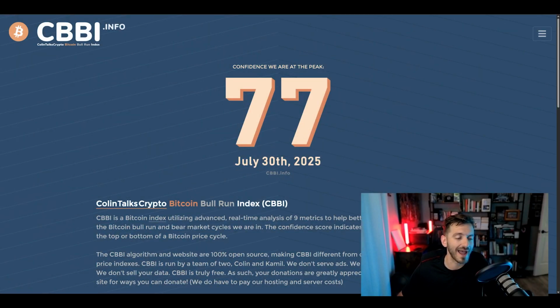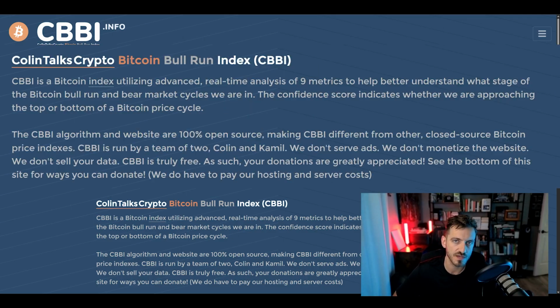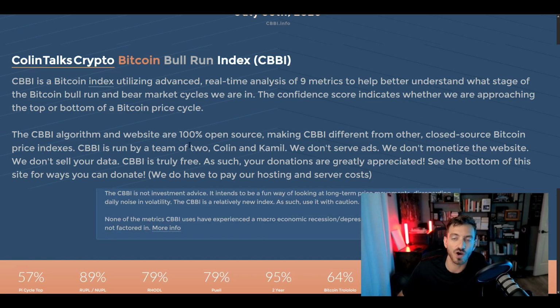Let's start with my absolute favorite tool for beginners and seasoned investors alike. This thing is absolutely incredible. Everyone should be using it. We're going to talk about the CBBI. This is an aggregate composite score of 11 indicators, normalized to a 0 to 100 score. This is 100% open source.